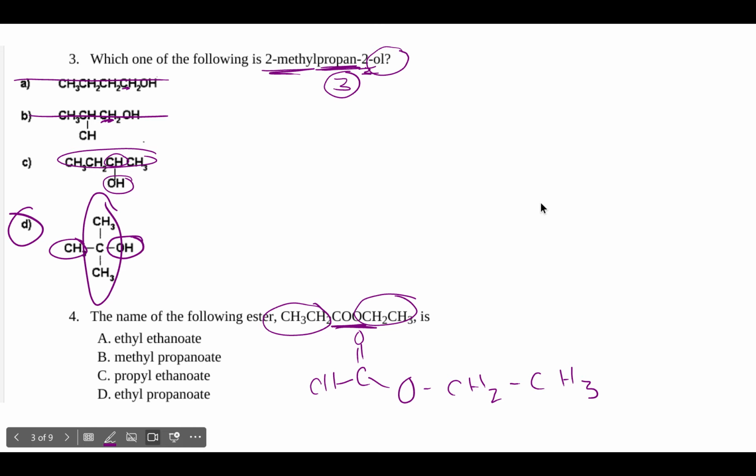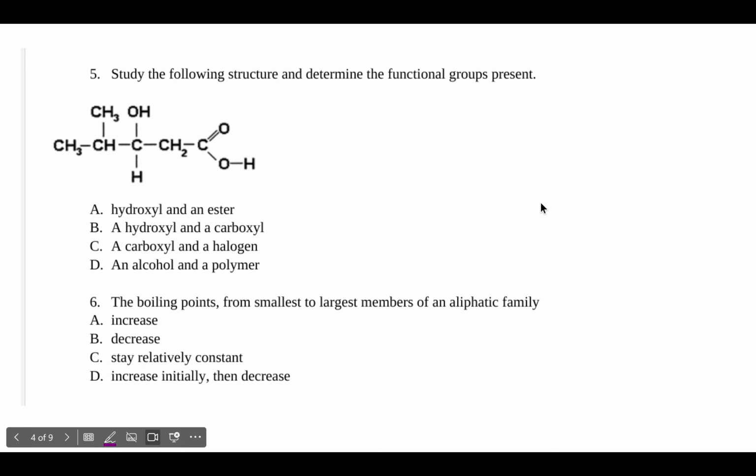So your CH2 and CH3. Because you have 2 carbons connected to the oxygen, which we named first, that would be an ethyl group, so we can rule out these 2. And then the part that came from the carboxylic acid was attached to that double bonded carbon, which has 1, 2, 3. So if there's 3, it would be propanoate. So this is ethyl propanoate.